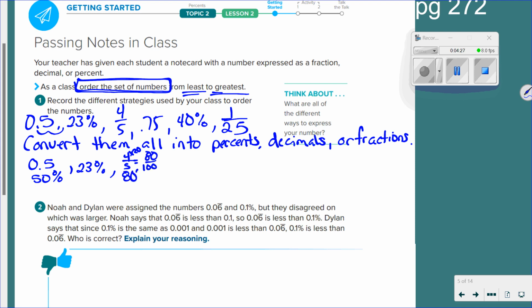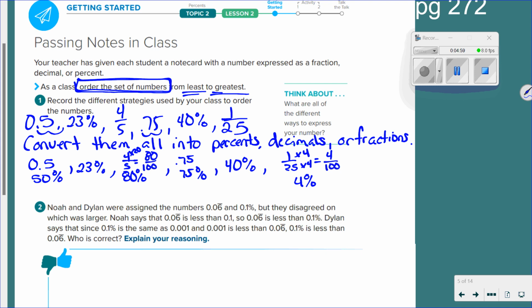So this one is 80%. Good job. Then I have 75 hundredths, and again, we move it twice. So 75 hundredths becomes 75%. Then I have 40%. And then I have 1 over 25. How would I make that a percent? I get 4 over 100, which gives me 4%.